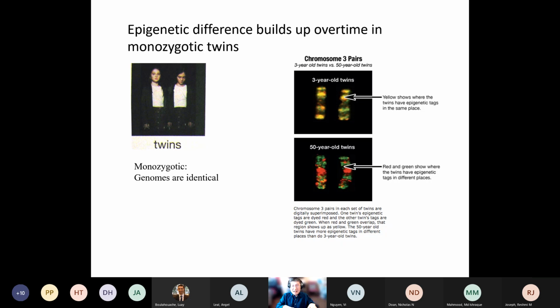One is two eggs get fertilized simultaneously by two different sperm. That can be the mechanism of twins, or it can be one egg that gets fertilized by one sperm, and eventually, once the cell divides into two cells, each of those two daughter cells gives rise to an individual. So that's called monozygotic twins.